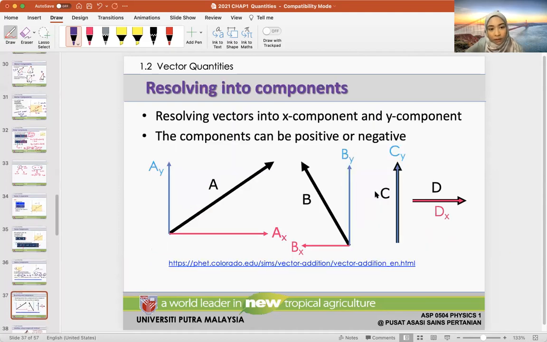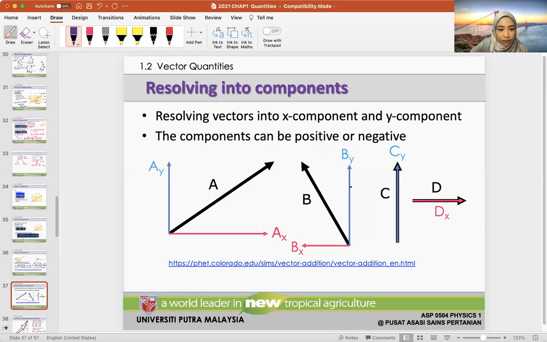Resolving vectors into X and Y components. We talked about that. We use A cosine theta, A sine theta. The components can be positive or negative. We don't tackle that part yet. We only talked about when it's positive. Later we will do problems on this. So this is AY positive, AX positive, BX negative, BY positive.